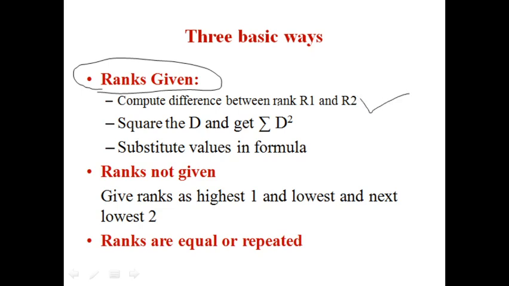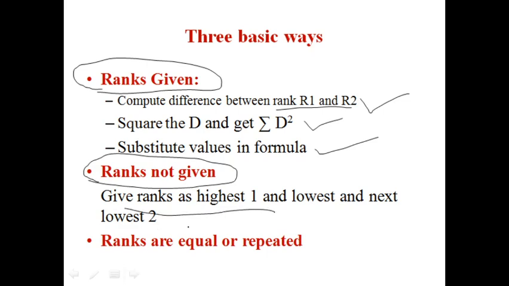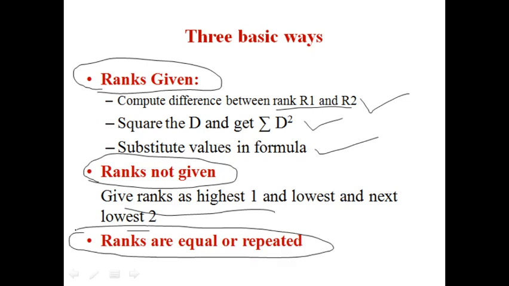First, compute the difference D between rank R1 and R2, then square the D to get D square, and finally substitute these values in the formula. The other way is when ranks are not given, then we have to give the rank as 1 to the highest one, and the next highest as 2, and so on down to the lowest. And the third method is when the ranks are equal or repeated.